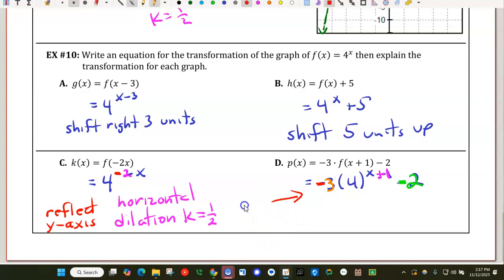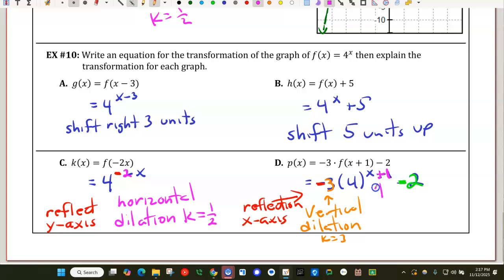Not vertical, reflection. X-axis, I got it right this time. Vertical dilation, factor of 3.